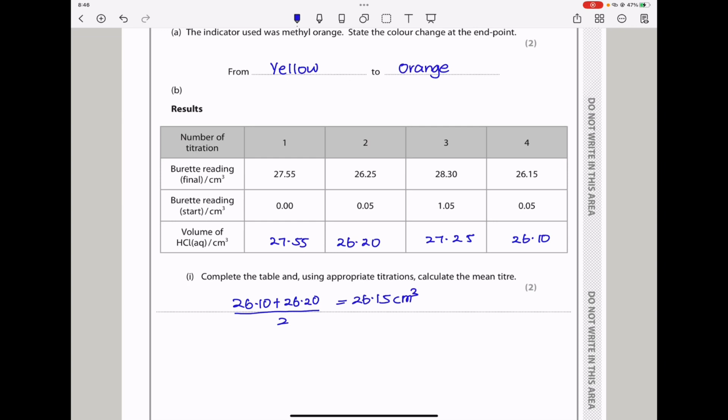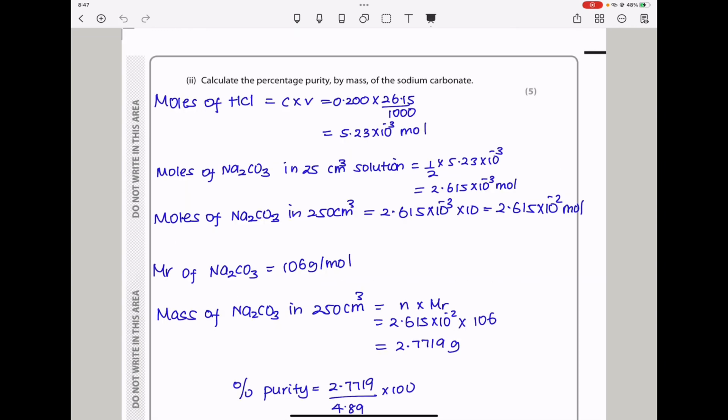Moving on. Here they say calculate the percentage purity by mass of sodium carbonate. From the question, they gave us the information for concentration and volume of hydrochloric acid. So I'm going to begin by using that to calculate the number of moles of HCl. The moles will be concentration times volume. This is the concentration and this is the volume. I divided by 1000 to convert the volume to decimeters cubed, and my answer came out as that.